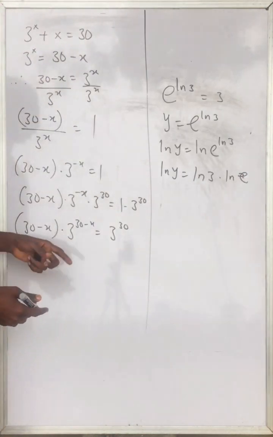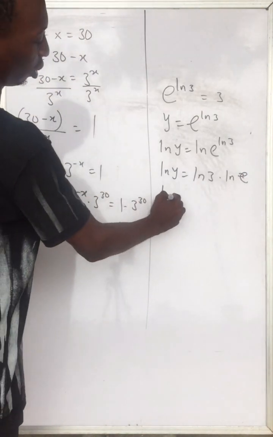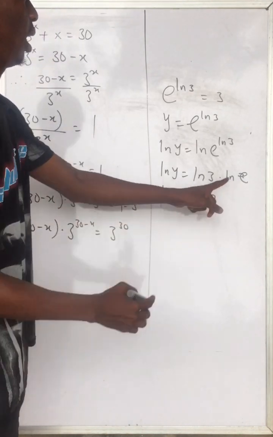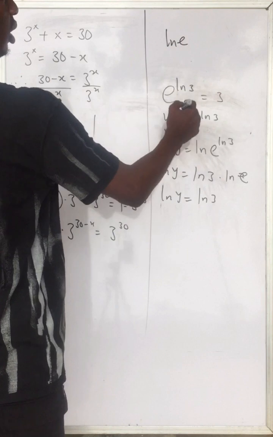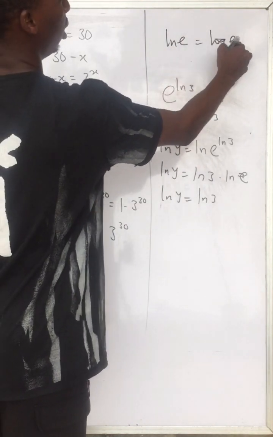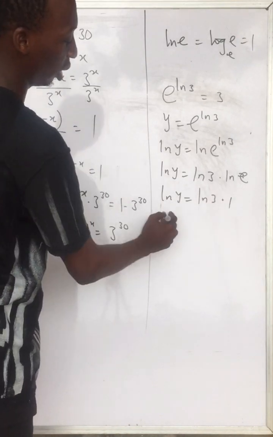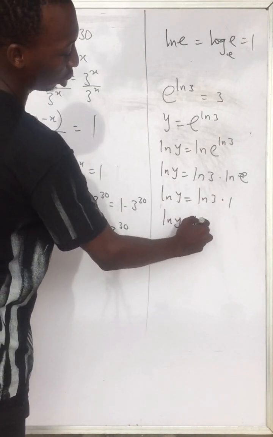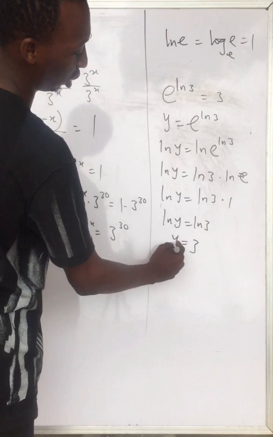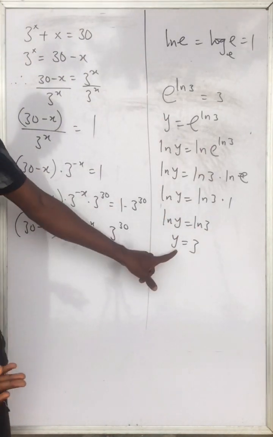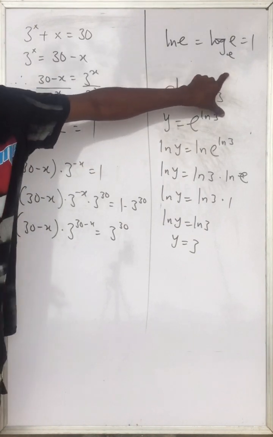It's the same thing. Remember that ln e is the same thing as log of e base e, which is 1. So this is multiplied by 1, which gives ln y equals ln 3. That is, y equals 3 if you eliminate both ln. So automatically this is equivalent to this.